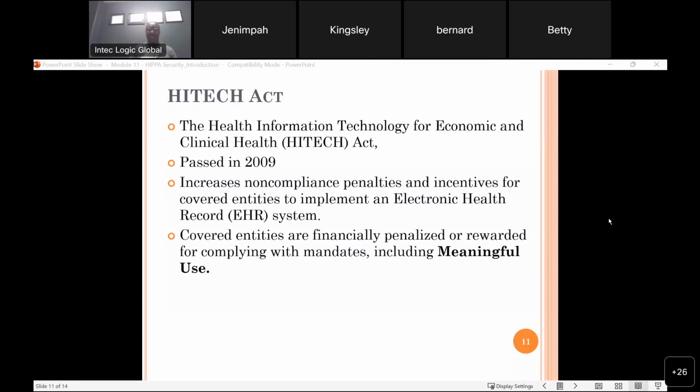So it's changing gradually. So the HITECH Act was passed so that every covered entity would convert your paper into electronic, go electronic, right? Because they noticed that it was very hard for people to comply with the HIPAA Act.